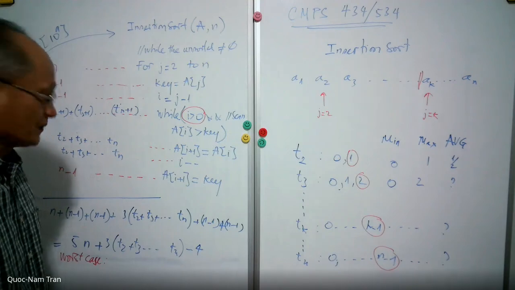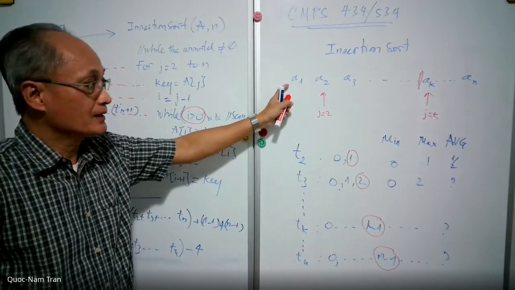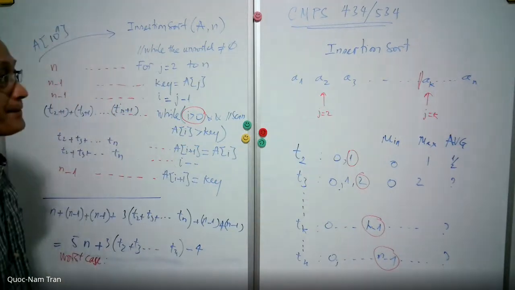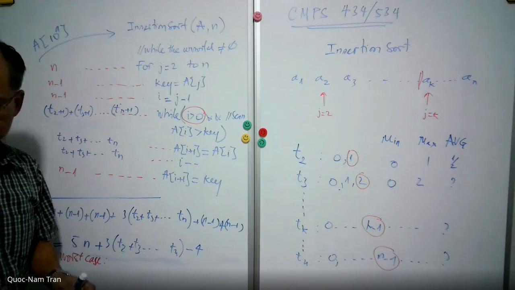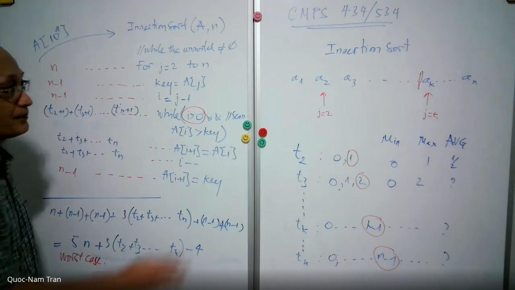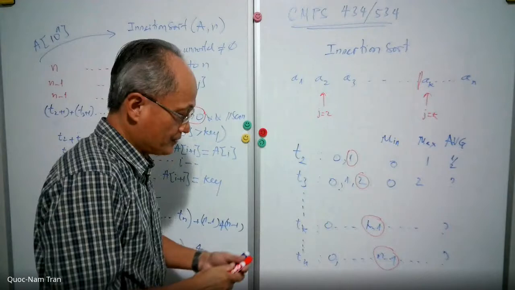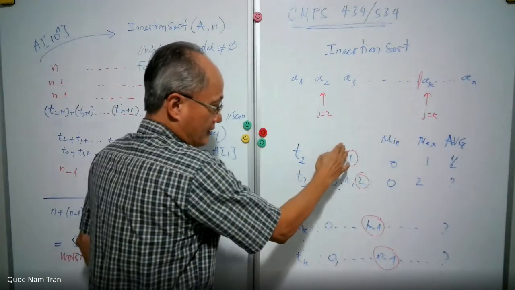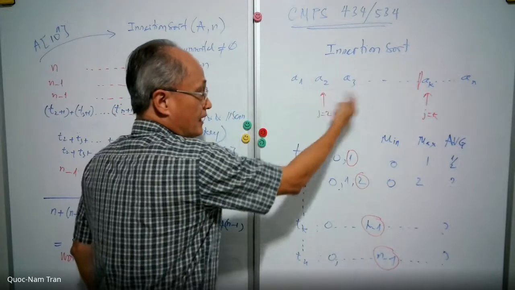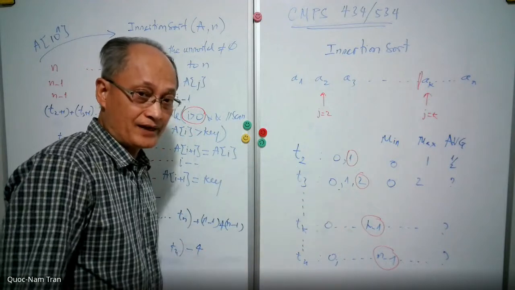So for a list of numbers, what would be the condition for having the worst case? Give me an example for the list of numbers in which the time for inserting an element takes the biggest value.